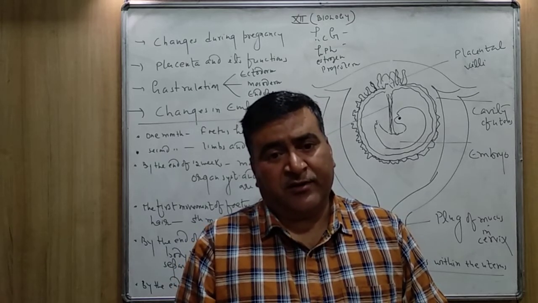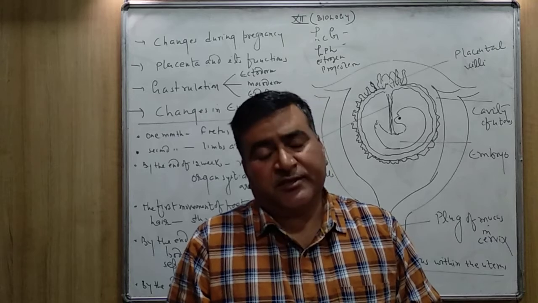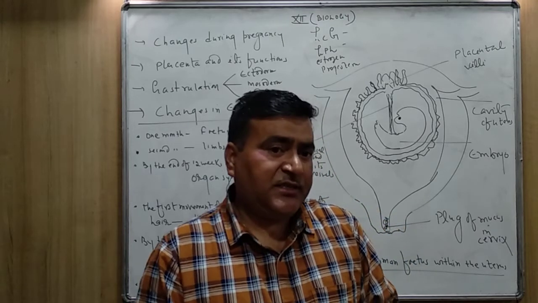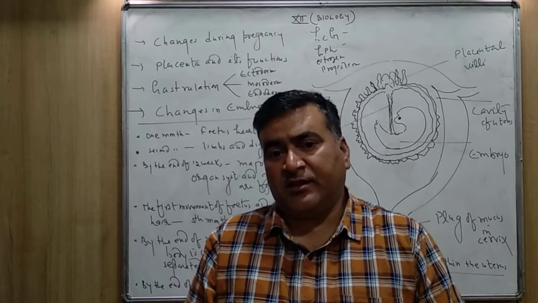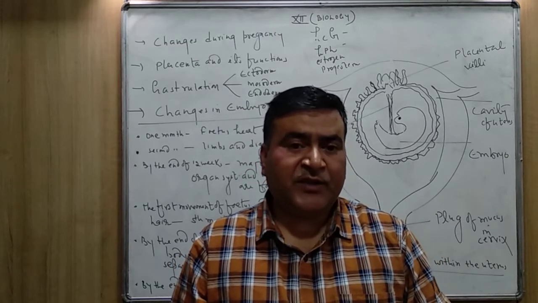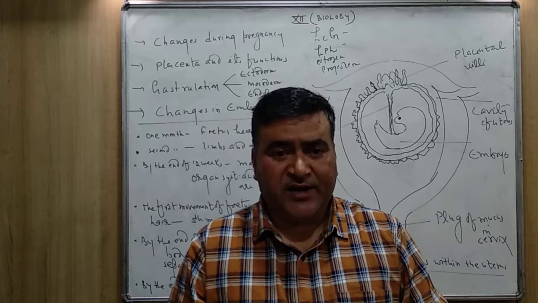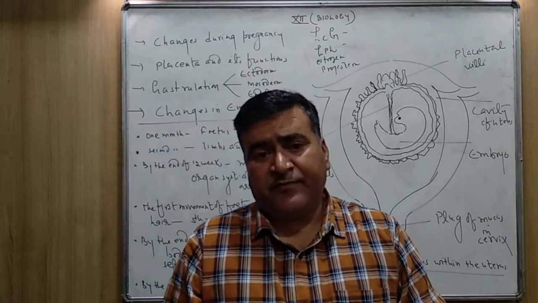The morula stage is followed by the blastula stage, in which the number of blastomeres, or cells, is nearly 64 up to 100.